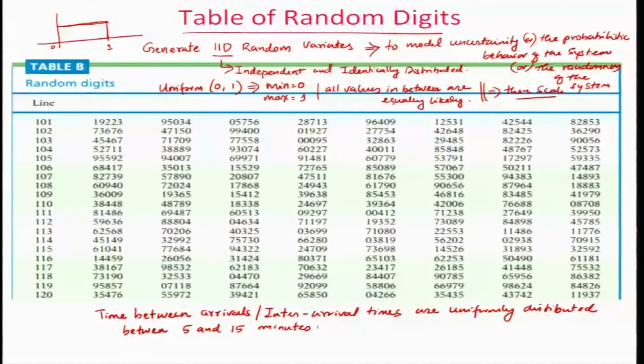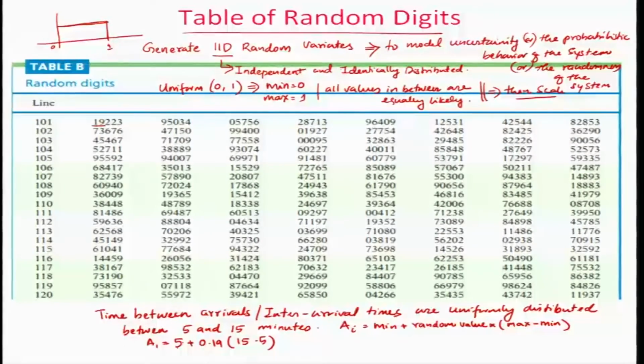If I say that, then I use these digits as sampling the uniform 0-1. Let us say I take 2-digit accuracy. I take the first 2-digit value for the first arrival time, A1, and the value will be 0.19. It will be 5 plus 0.19 times (15 minus 5). The equation is arrival time Ai equals min plus random value multiplied by (max minus min).